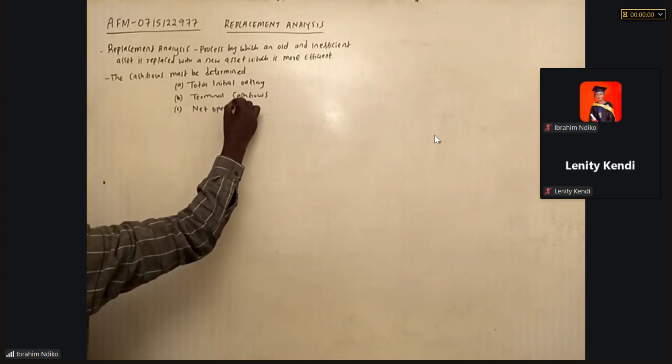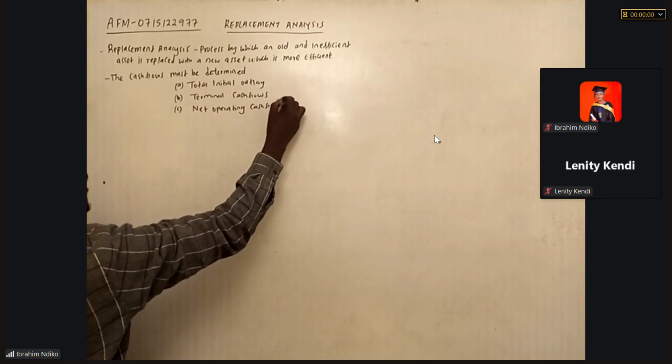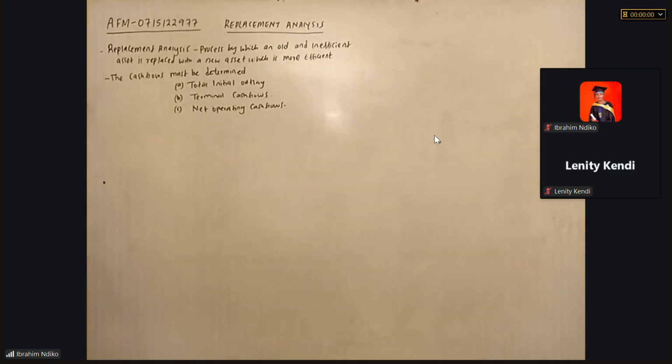Those three items, you must know how to determine them: the total initial outlay, terminal cash flow, and the net operating cash flows. Now, let's start with the first one, terminal cash flows.